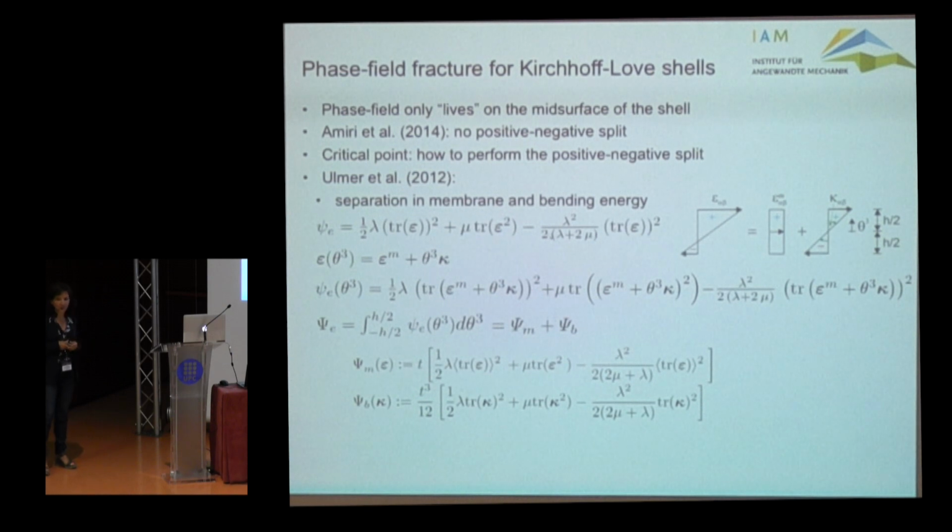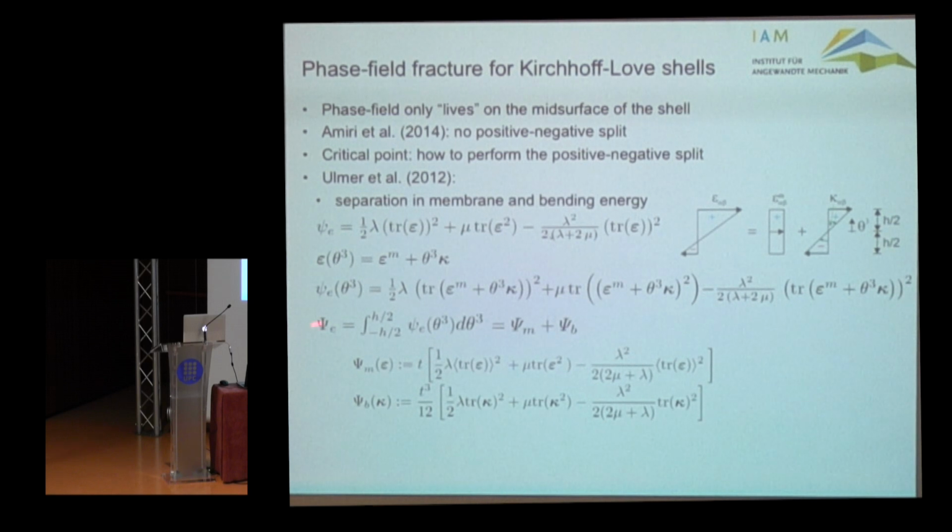There had been another proposal. The first proposal to perform the split was the following. Well, as you well know, in shells, most often one proceeds this way. You have an elastic strain energy density per unit volume, and then if you plug in the kinematics of the Kirchhoff shell, then you get the strain energy density per volume as a function of the membrane strain and the curvature tensors, and of course here you have the coordinate over the thickness.